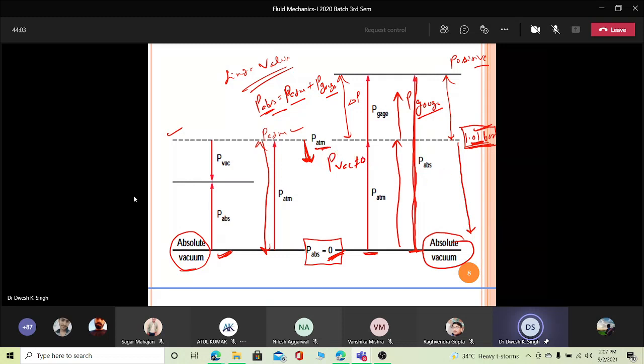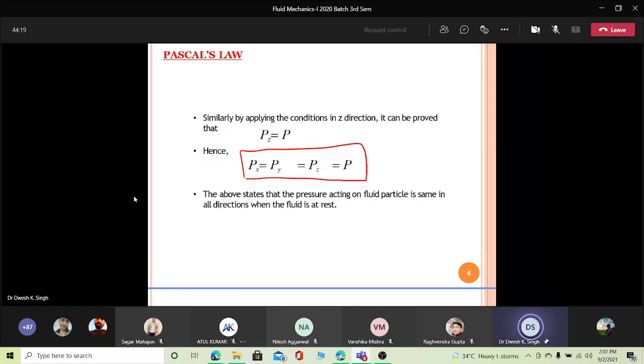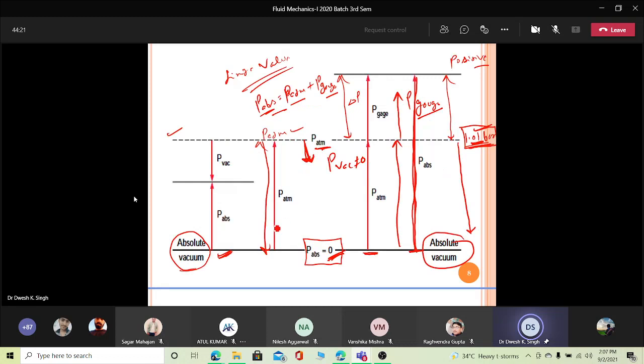So you can see now this equation. In this case, what is your P absolute? Obviously, because P atm is greater, you have to subtract the vacuum. Sorry, here it will be P vacuum. So this will give you absolute. Look at here how. This is your absolute in the case of vacuum.